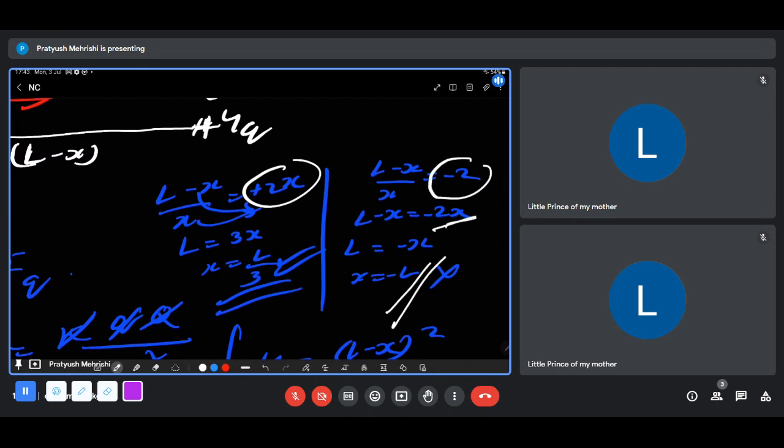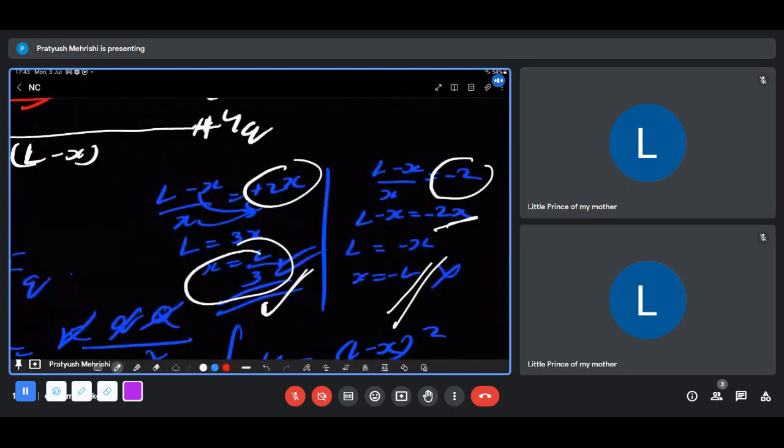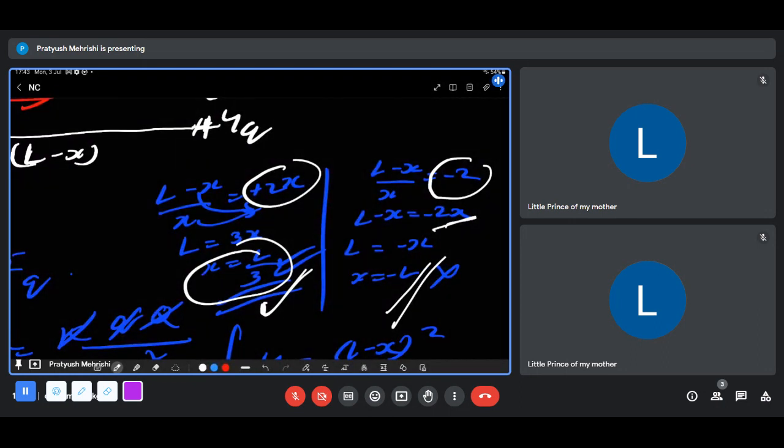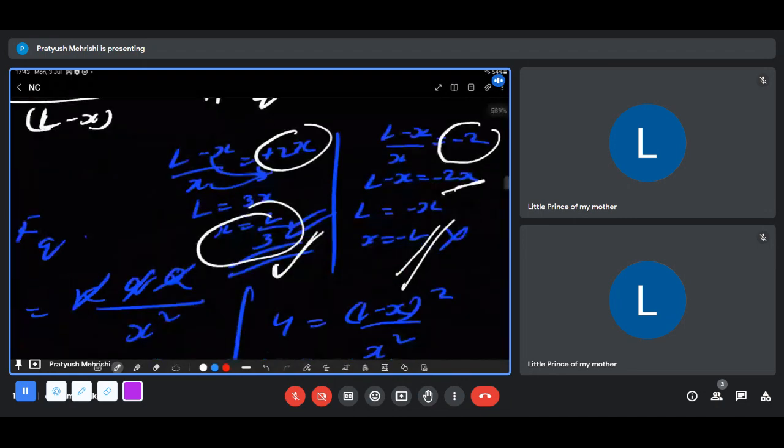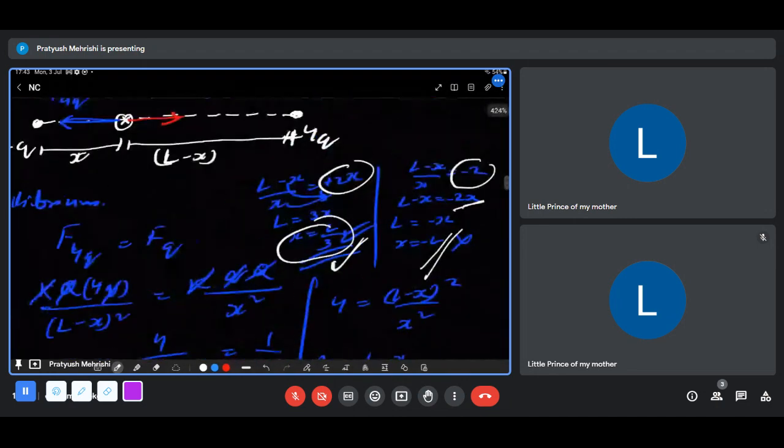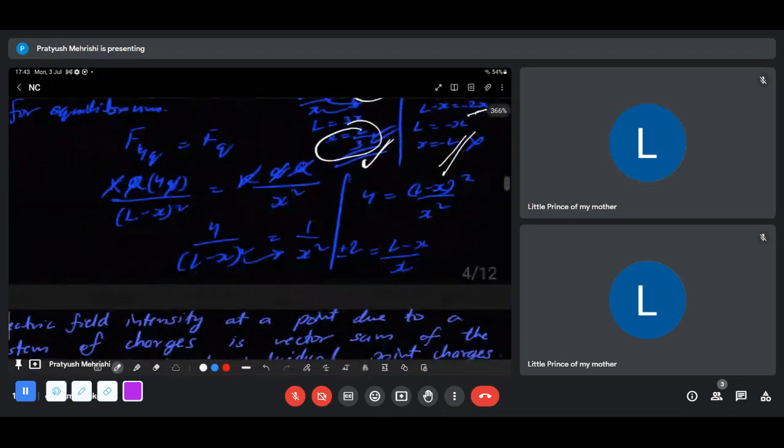So negative value of x is not possible. So x is L by 3. Very good. X is L by 3. So at this distance, whatever charge we keep, that charge will not leave its position. Got it? Yes, sir, got it.